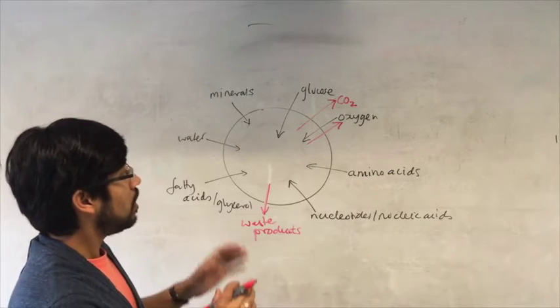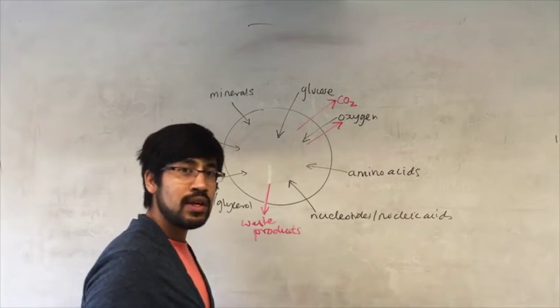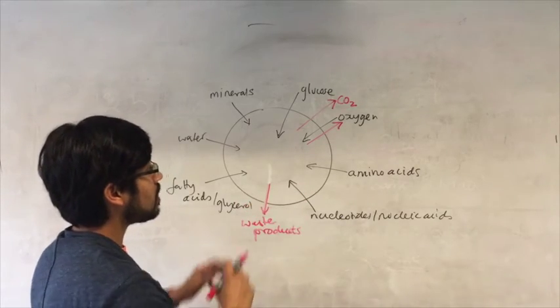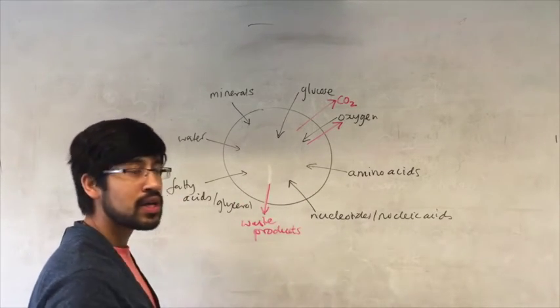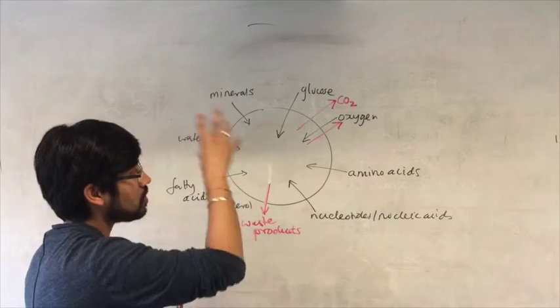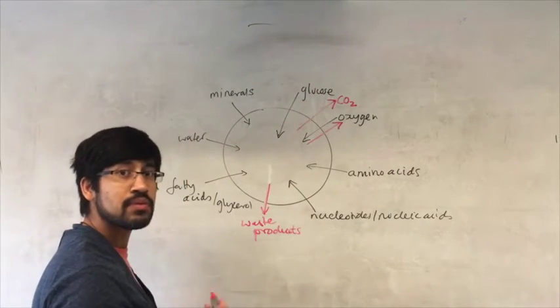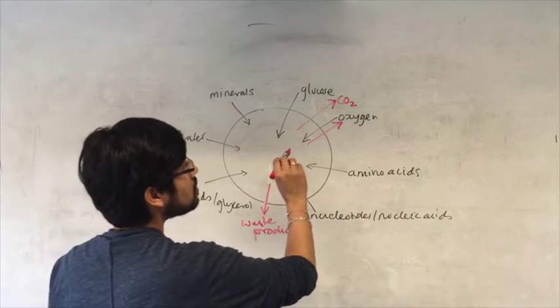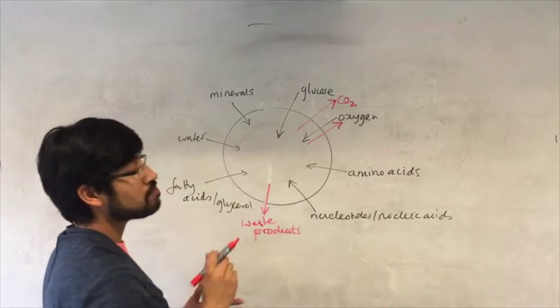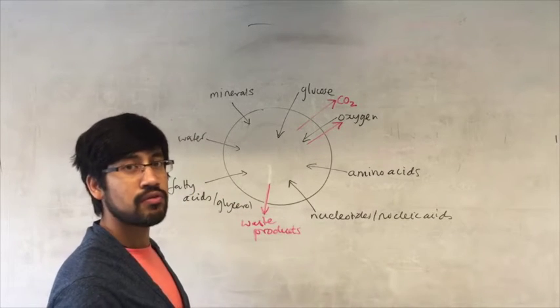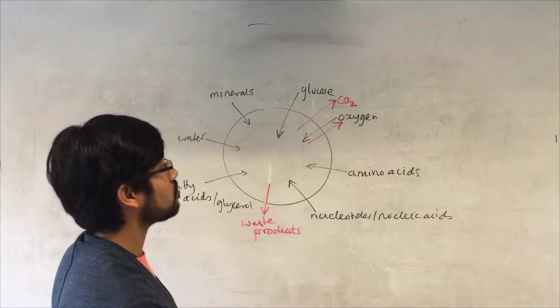I guess the main idea here, without going into the specifics, is that for any cell to remain alive, it's not just a bubble in itself. It needs to obtain things efficiently, and it needs to remove things from the cell efficiently as well.